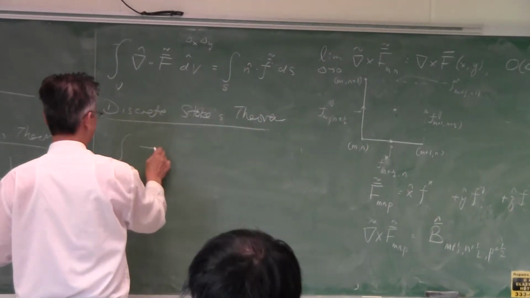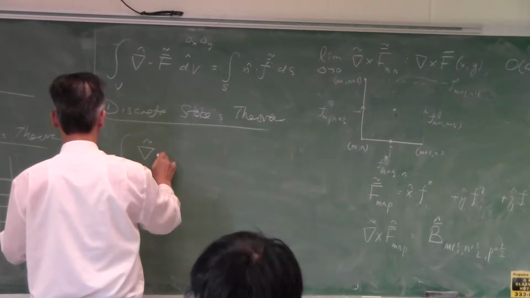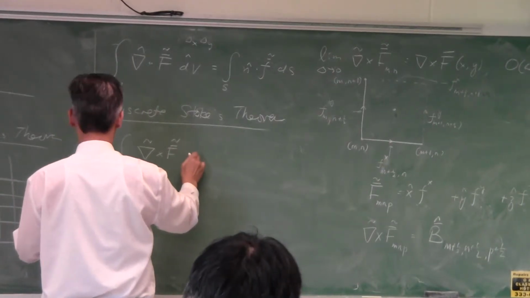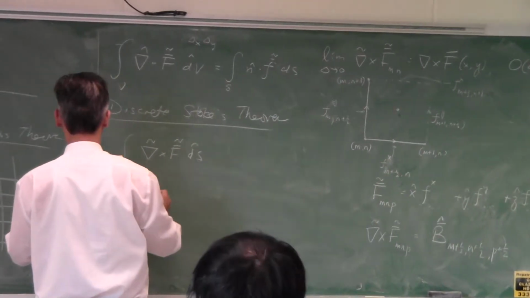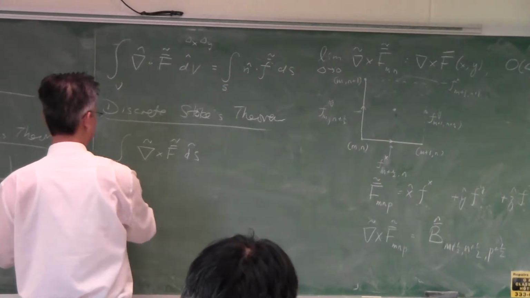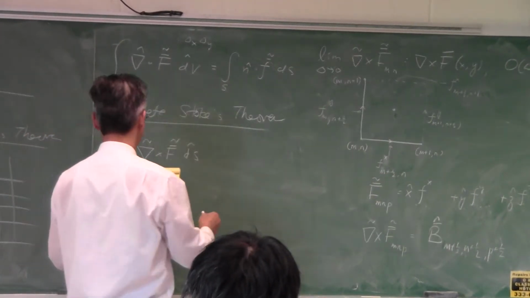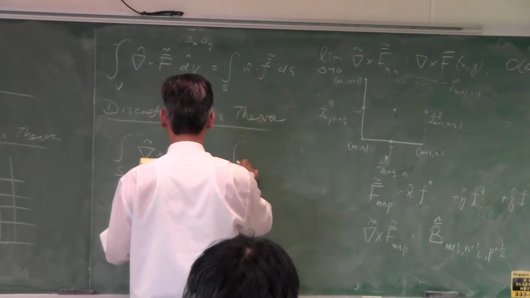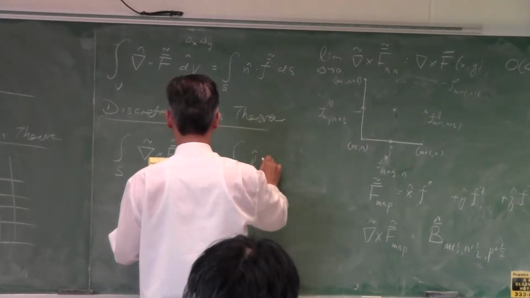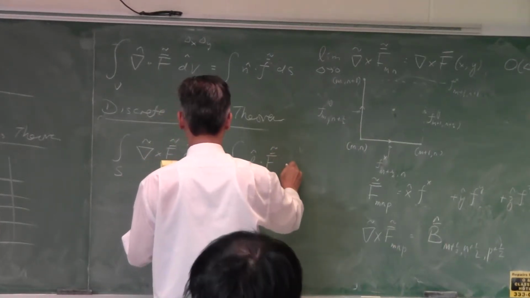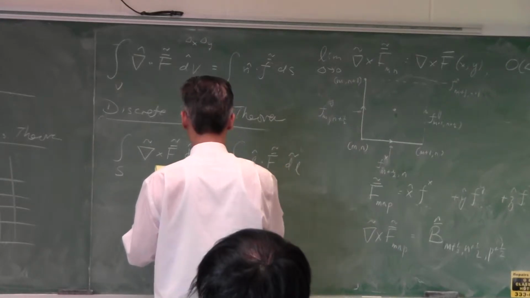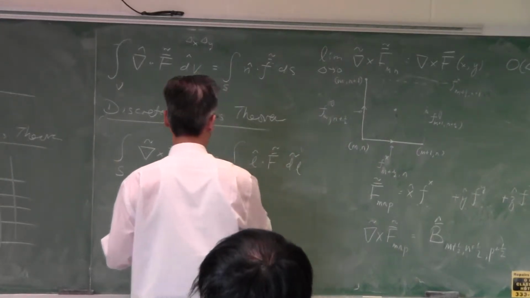Okay, which means that if you take all the interior circulations in the discretized world and sum them up, it will be just equal to the circulation near the edge, along some contour.